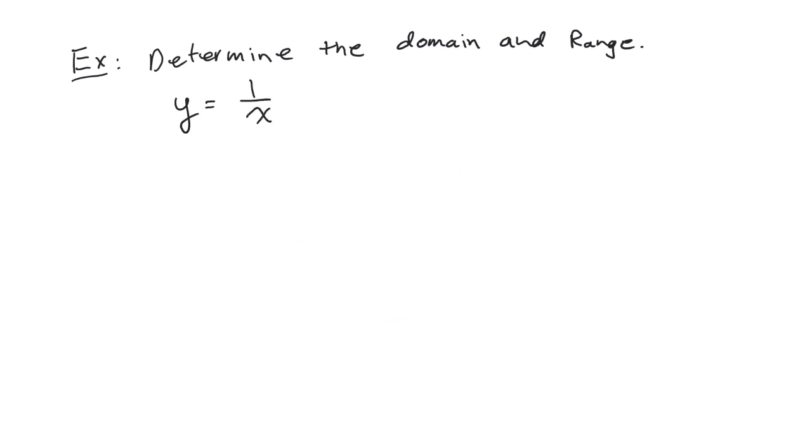Now, remember, I told you that the domain was always talking about what values x can take. Now, if I look at this equation, all we have to do is look at our equation here, and we'll notice that x cannot equal 0 because of this denominator here.